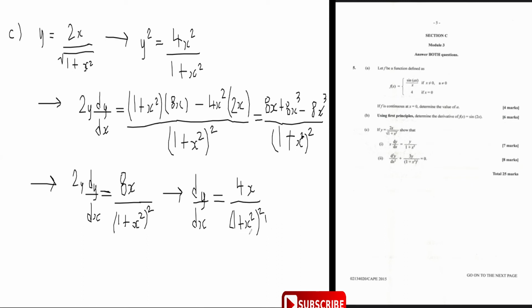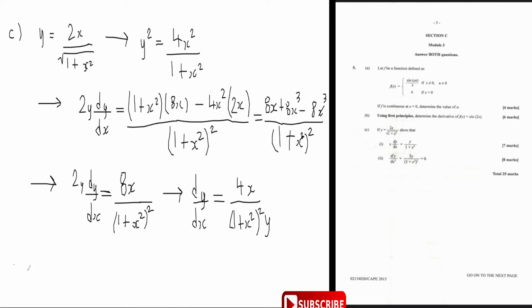All right. But remember the question wanted x dy by dx, didn't it? It wants x dy by dx. So to get x dy by dx, we need to multiply both sides by x. So let's multiply both sides by x.